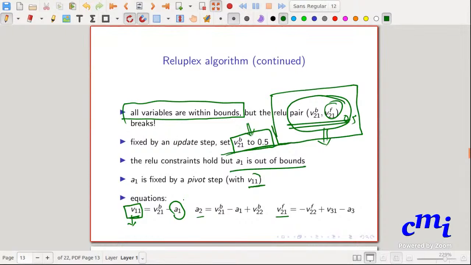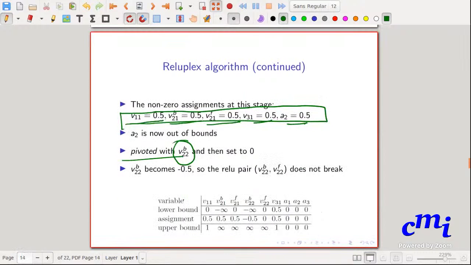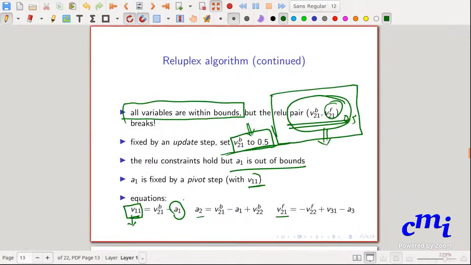When you move to the next table in the next slide, you're still showing all of them in the same table. And you're still showing A1 as 0. Correct, because I'm doing both these pivoting in the same step. V11 had to be increased to 0.5, which breaks A2.